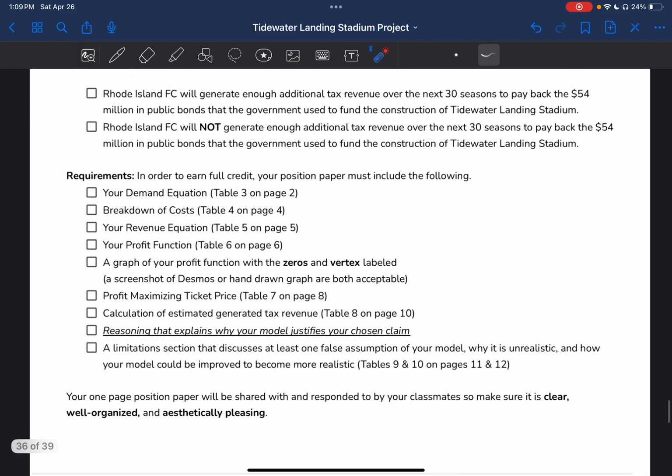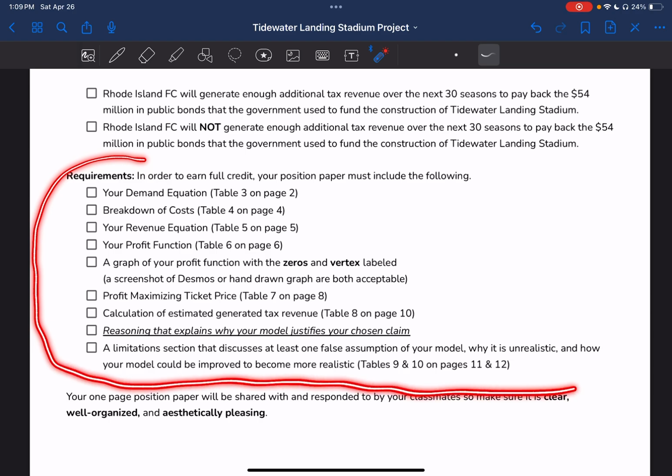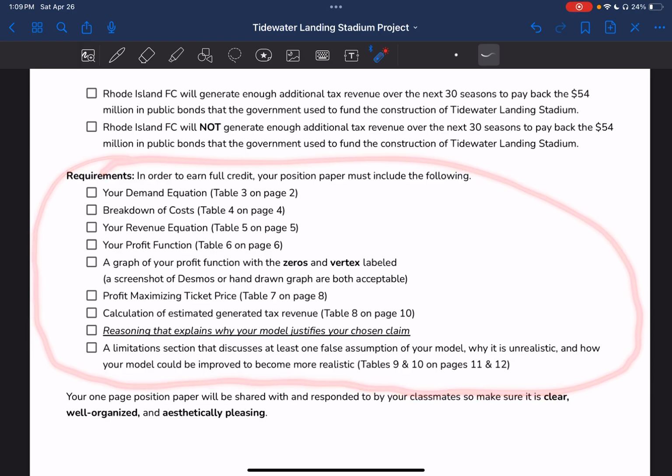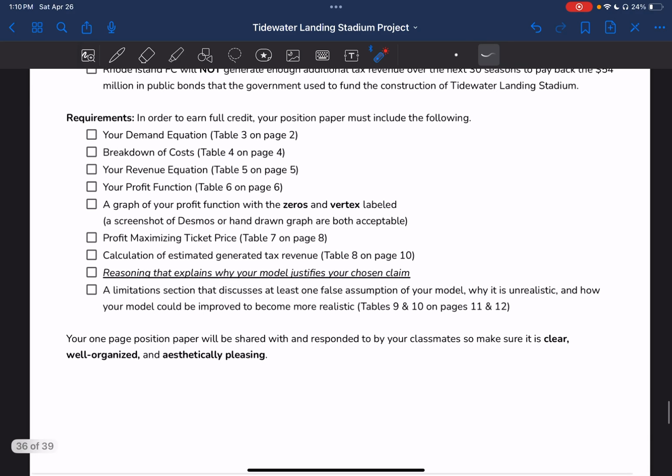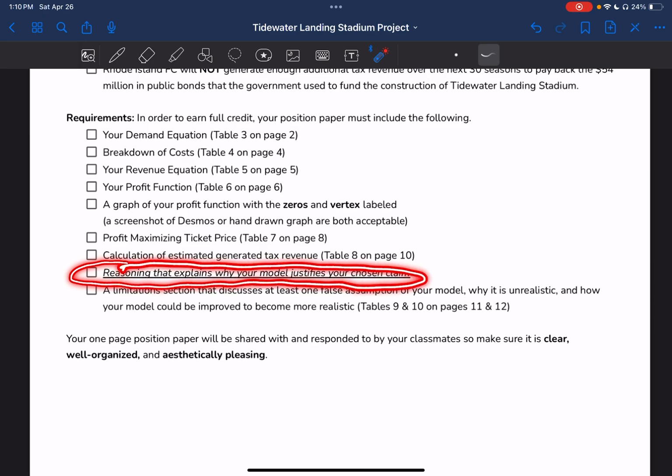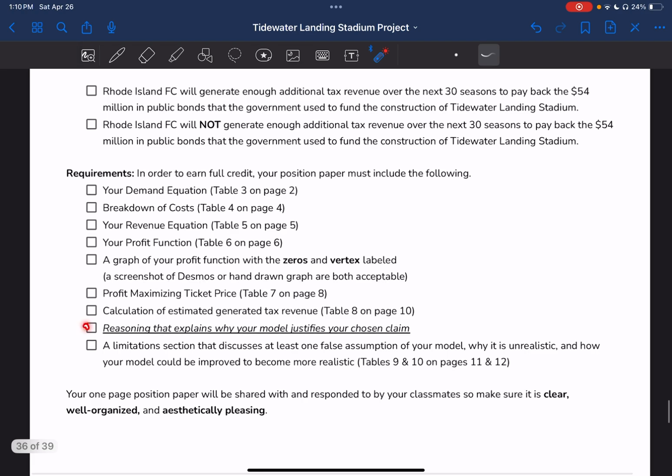Other than that, make sure that you have all of these requirements somewhere on your position paper. These are all things that come straight out of the packet. So if you are up to date, if you've been following along with each step, you have all of this information already. And the most important part is that you explain how your model justifies the position that you take.